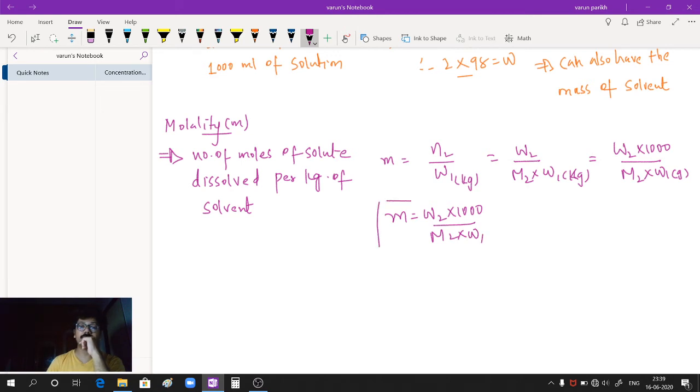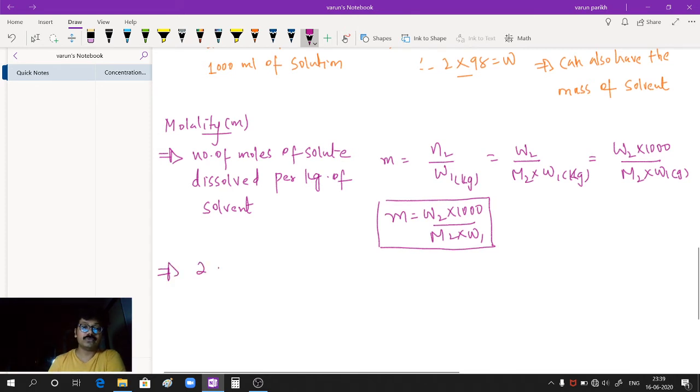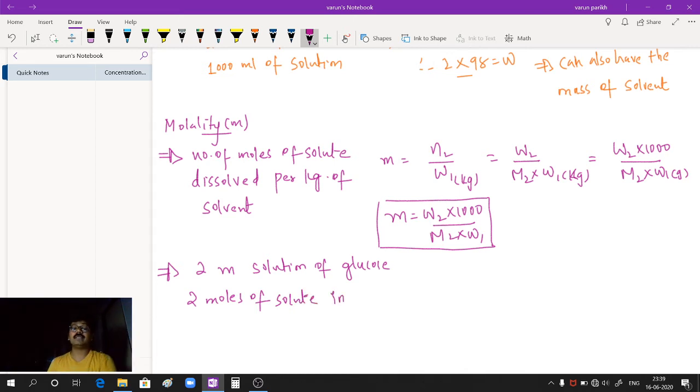This is known as molality. Now go for the interpretation. What do you mean by a 2 molal solution of glucose? Simple: 2 moles of solute are present in, here the solvent is not mentioned, but it is an aqueous solution, so it is in water.